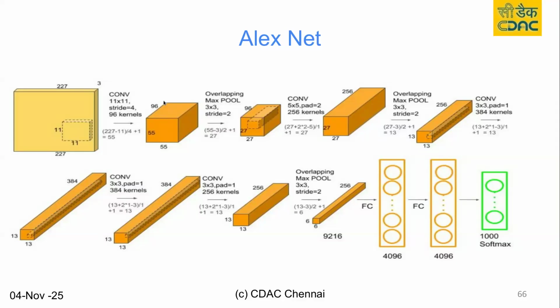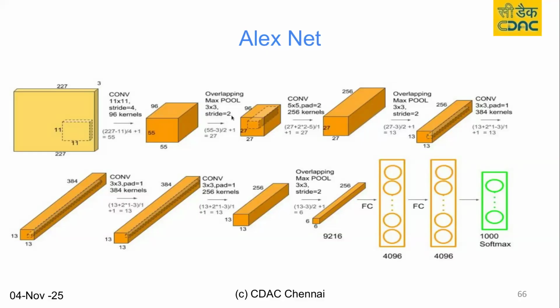So that's why the output is 96 dimensional. When the 227 cross 227 cross 3 input is convolved with the 11 cross 11 matrix, you get a 55 cross 55 matrix. Since there are 96 matrices, I got 55 cross 55 cross 96 as my first layer output.